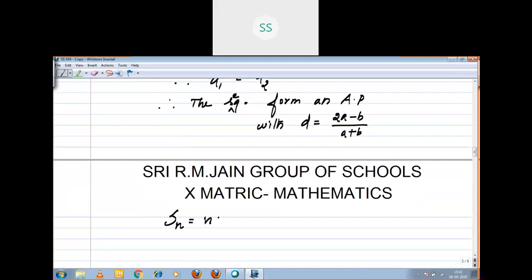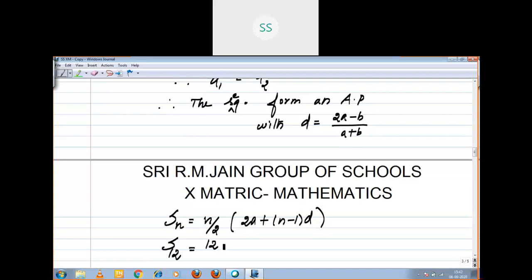Sn equal to n by 2 into 2a plus n minus 1 into d. Where you have to use this formula? Where you have to use another formula? If last term is given, you should adopt n by 2 into l plus a. If last term you don't know, better you should adopt this formula, n by 2 into 2a plus n minus 1 into d.